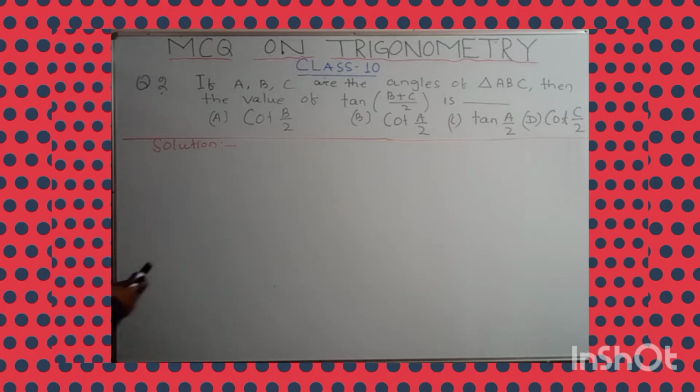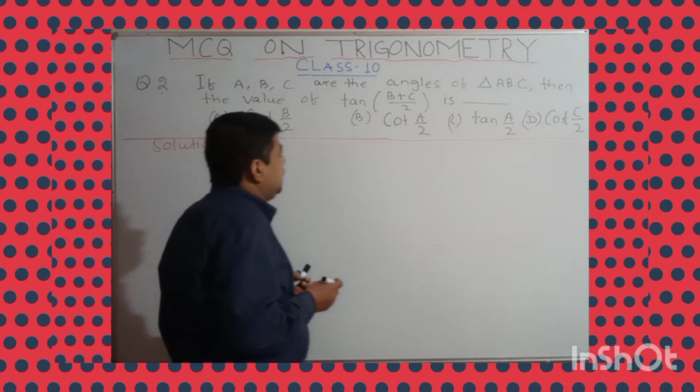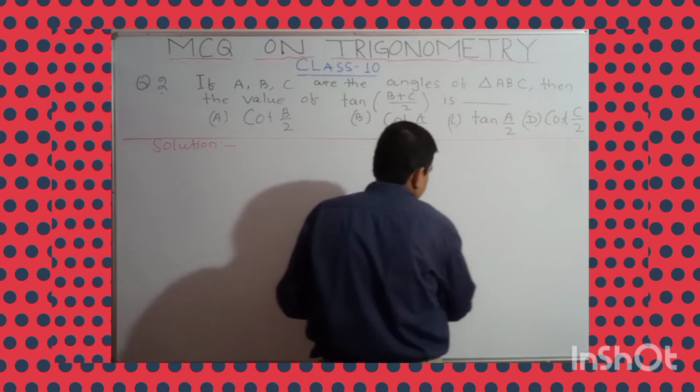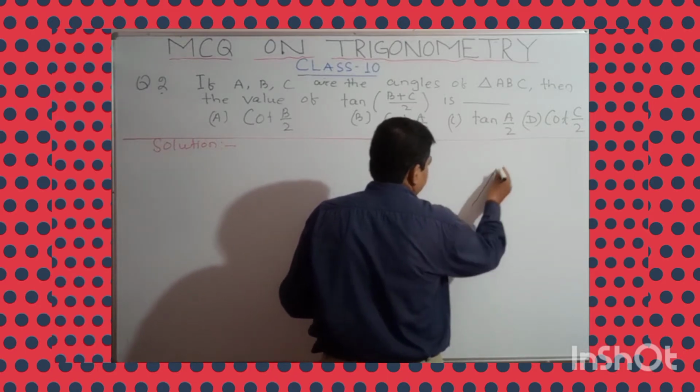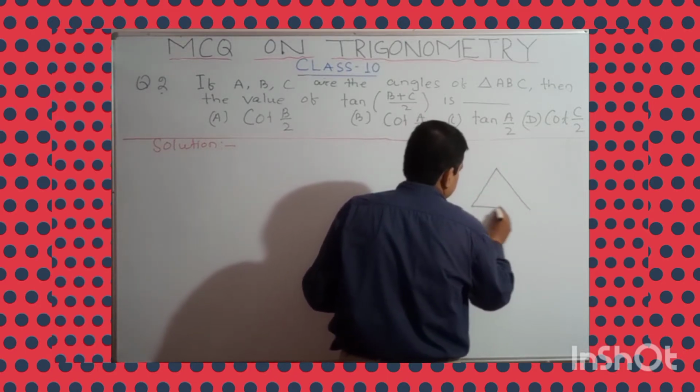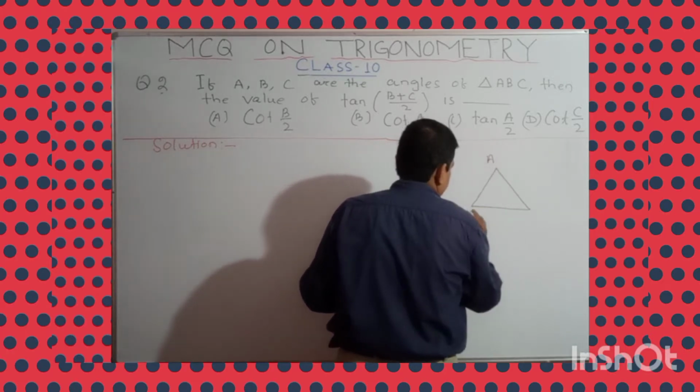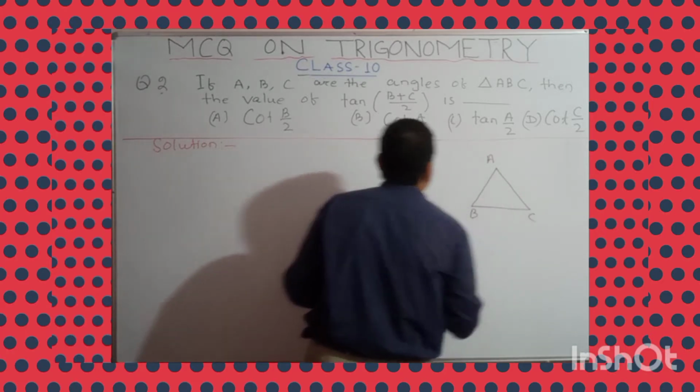Let's see. Here it is given A, B, C are the 3 angles of a triangle.